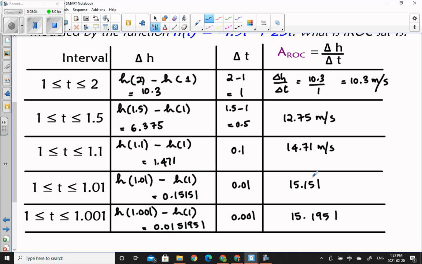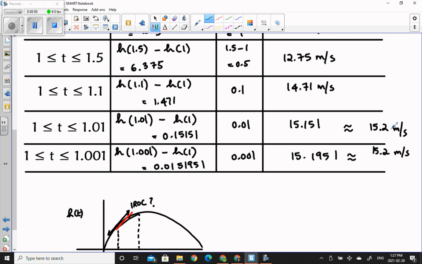So now you can see that the last two values, if you approximate them to 1 decimal place, work out to approximately 15.2 meters per second. So as you get closer and closer to 1, the AROC value is approaching 15.2. So our estimate of the instantaneous rate of change is about 15.2 meters per second.